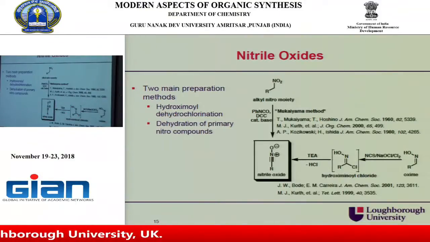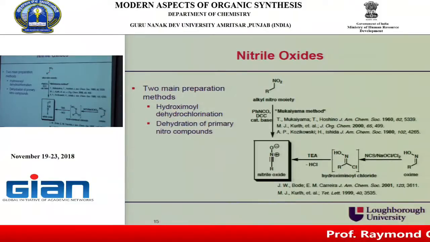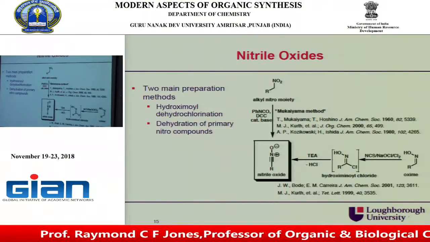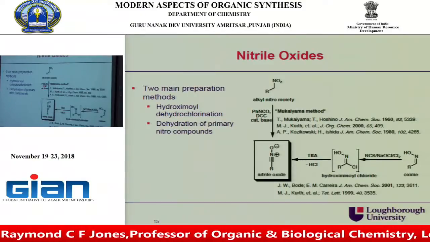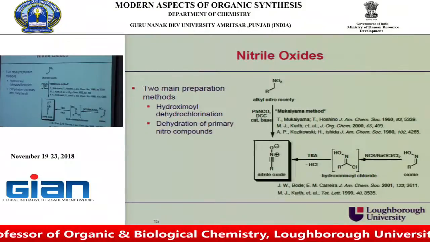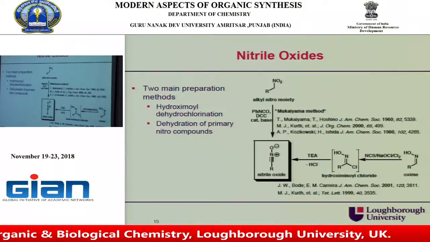A less obvious method until you've seen it, and I'm not going to do this now, but you practice this for yourself on pieces of paper. If you take a primary nitro compound, treat it with an isocyanate and any sort of dehydrating reagent, this is DCC, dicyclohexyl carbodiimide, that people use to do peptide bond formation, but it's the same compound.